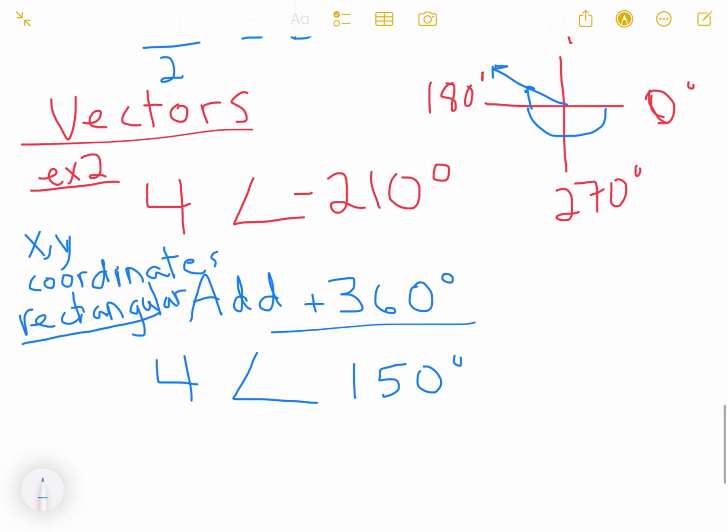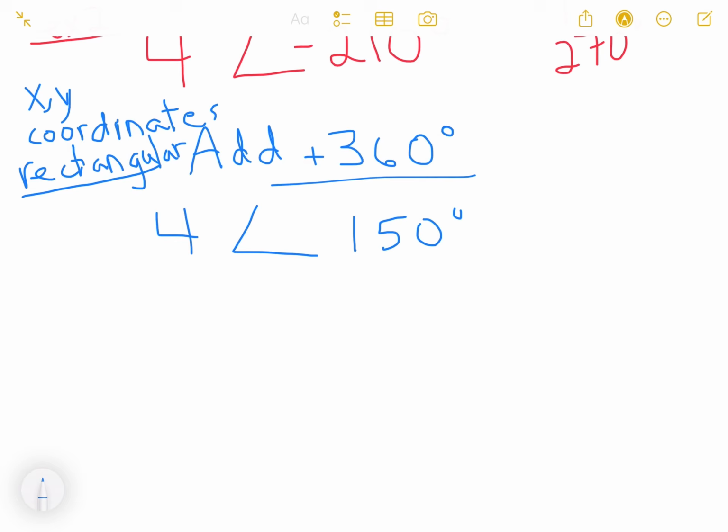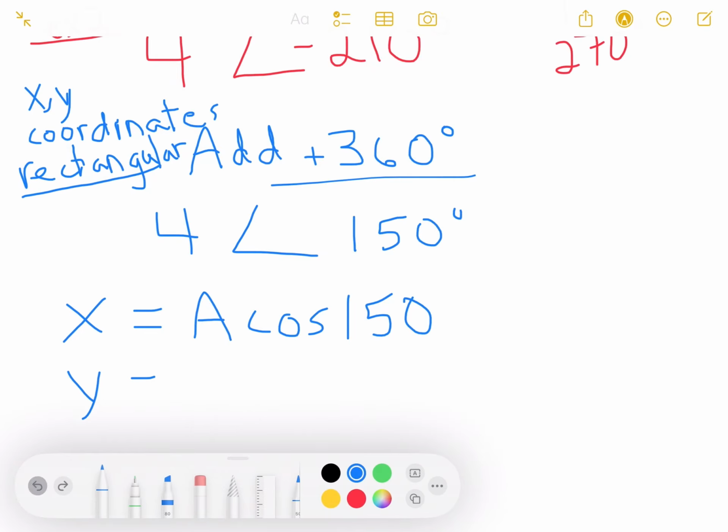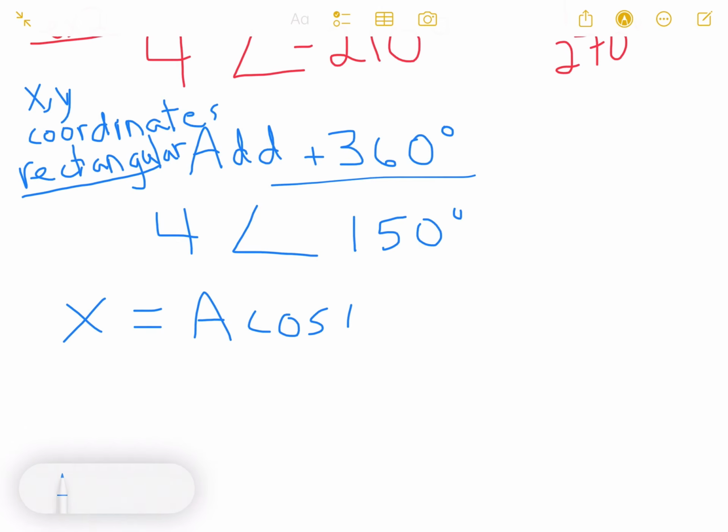So what did we say before? We said if I want to write them in rectangular, I simply write x is equal to the quantity that I have times the cosine of the angle that I'm given, which is 150 in this case.